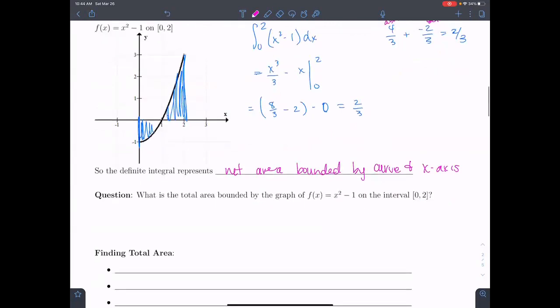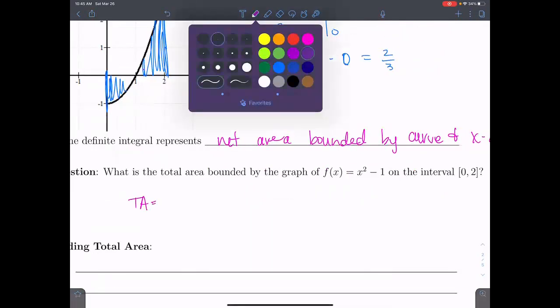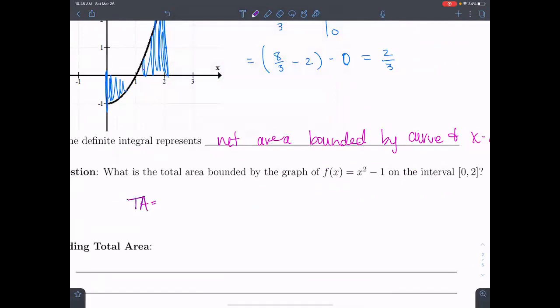If we want to be really careful, and we instead want the total area bounded by the graph, without thinking of the area underneath as negative area, then to get the total area we're going to do the area above minus the area below.